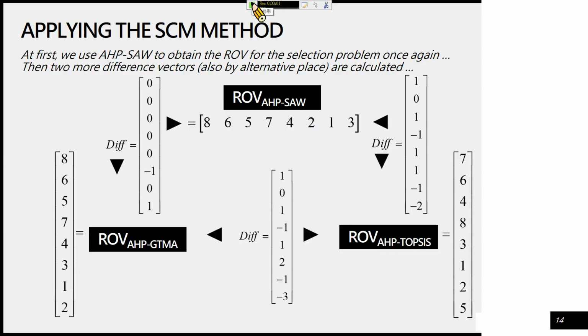This page shows the 3 ROVs obtained individually using the 3 methods mentioned above. These are ROV for AHP with GTMA, ROV for AHP with TOPSIS, and ROV for AHP with SAW. They lead to 3 possible difference vectors between each pair of them.